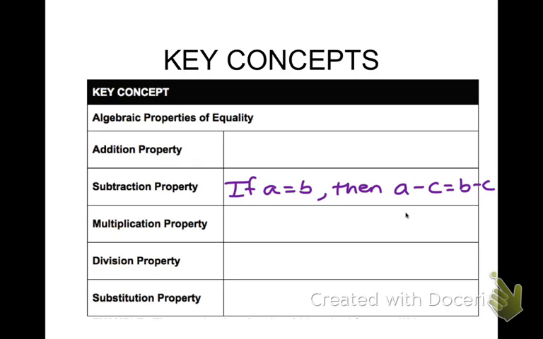Multiplication. Instead of adding 5 to 6, does it still stay true on either side if I multiply both sides by 5? Yep, so that's your multiplication. So if A equals B again, then it is true that we can multiply both A and B by C, and it would stay the same.